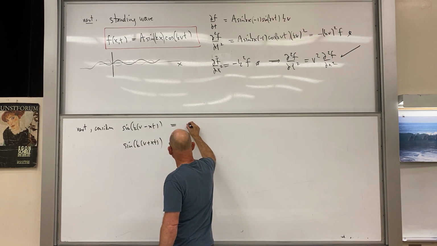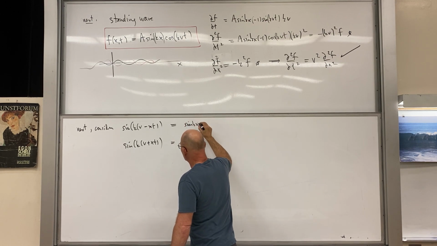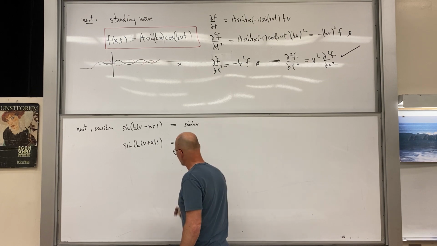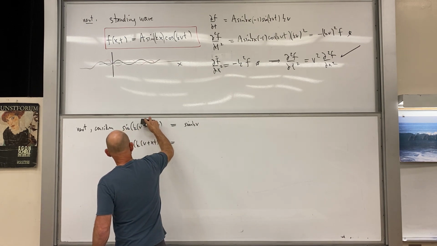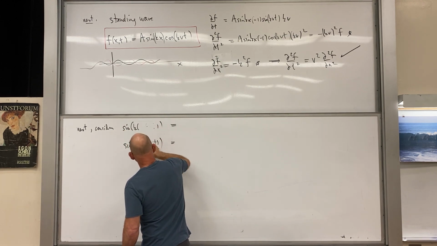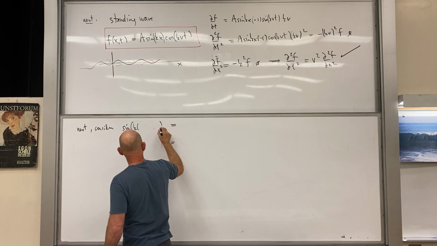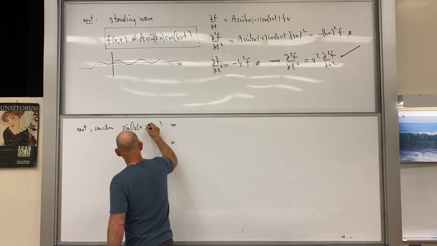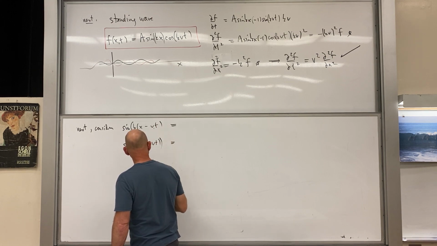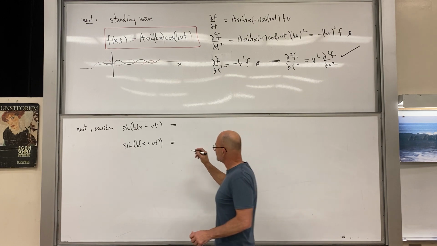So that's sine kv, I got this backwards. Sorry about that. It's x plus and minus vt and not the other way around. Okay. x minus vt, x plus vt. There we go. We're going to use the addition theorems and just multiply these out.